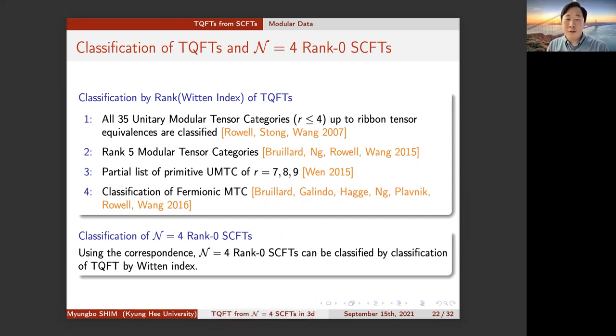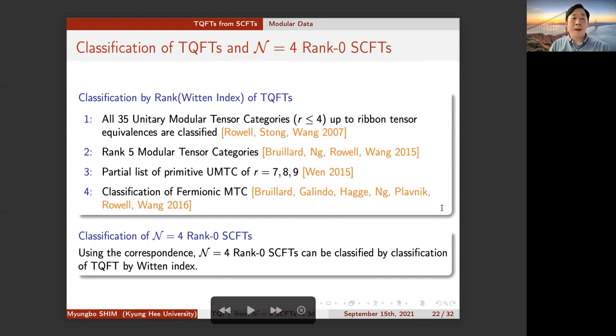Unitary modular tensor categories are classified up to rank 5, and above rank 5 there is only a partial list of classification. And recently the fermionic modular tensor category, or spin topological field theory, has been classified by these people.